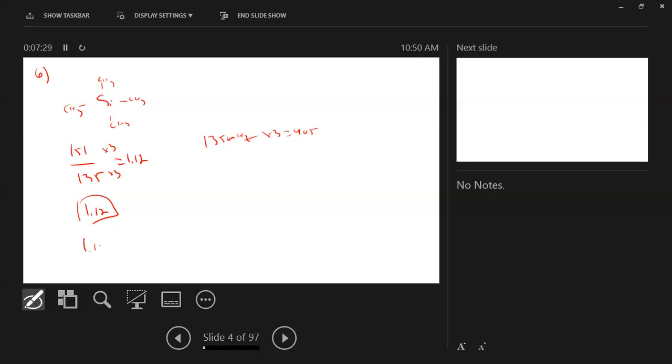So then if we take this 1.12 times 300, which is our new instrument, we get 336. All right, so that's 6.